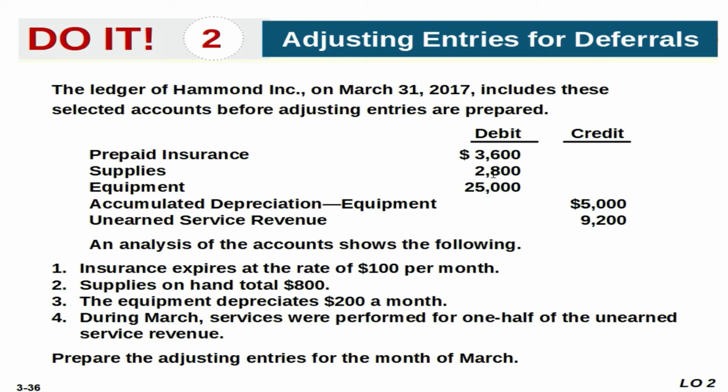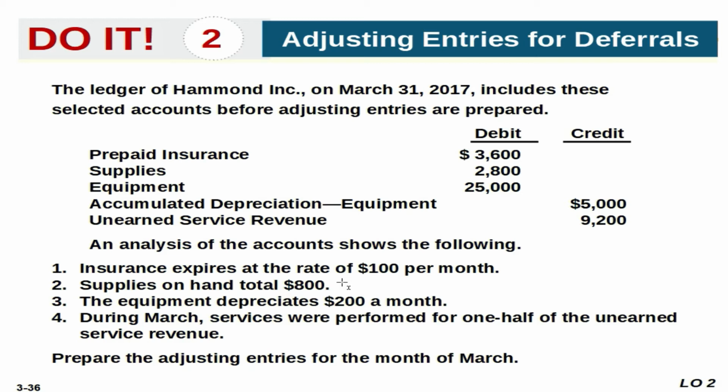So when it says supplies on hand is 800, what you have to do is calculate the difference. So you take 2,800 less 800, and that is 2,000. That is what you used. If that makes sense, 2,000 is what you used.